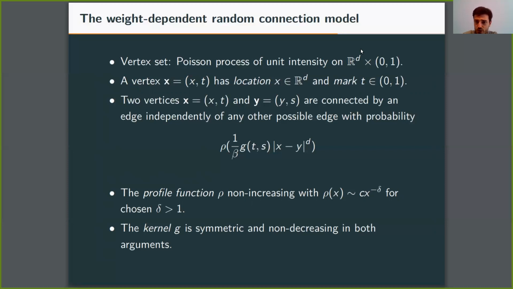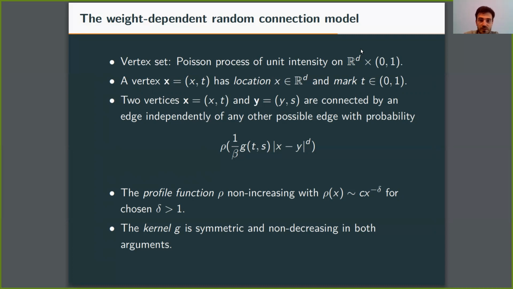The function rho is called the profile function, and we assume that it's non-increasing and additionally that it decays polynomially at rate minus delta for some chosen delta larger than 1. With this profile function rho, we are able to control the influence of the locations of x and y on the connection probability.